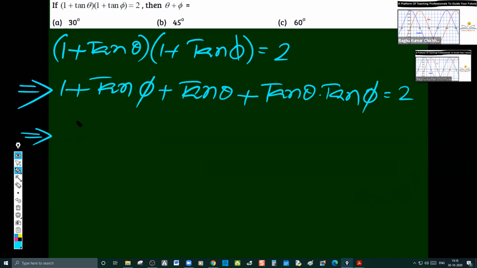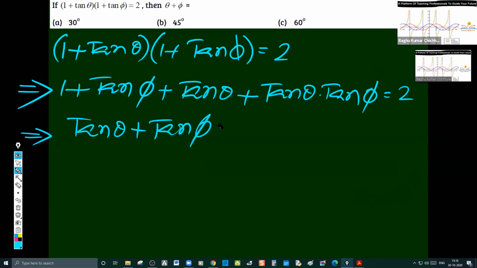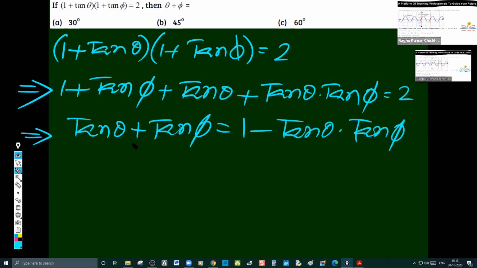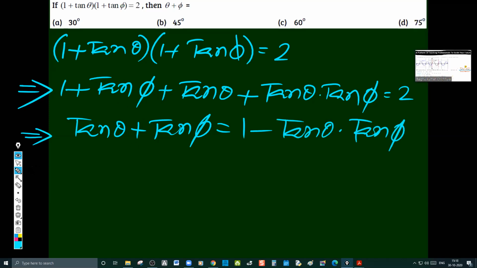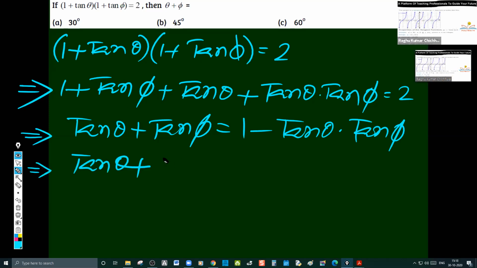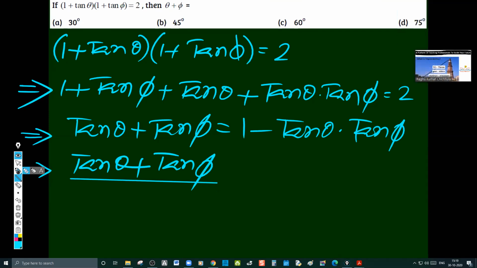Let me write this in this form. Tan theta plus tan phi is equal to 2 minus 1, 1 minus tan theta tan phi. If you have any doubt, ask me please. No doubt, sir. What I'm doing is trying to get into the form of tan of A plus B. What is tan of A plus B? Tan A plus tan B divided by 1 minus tan A tan B.